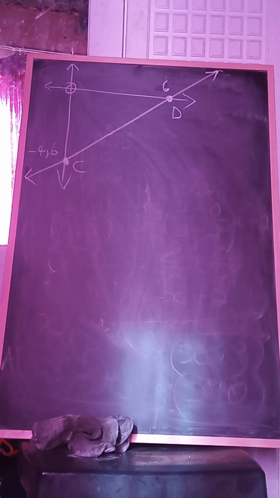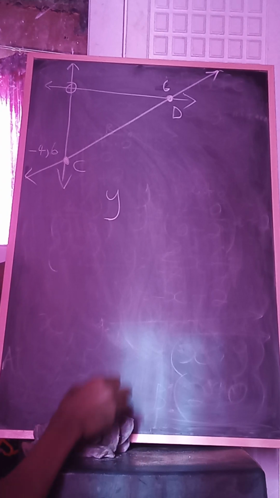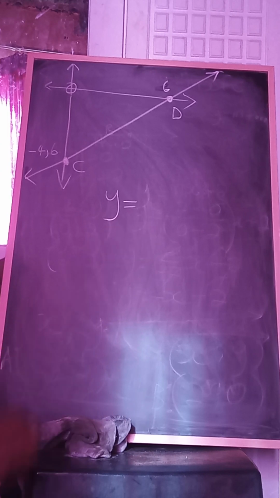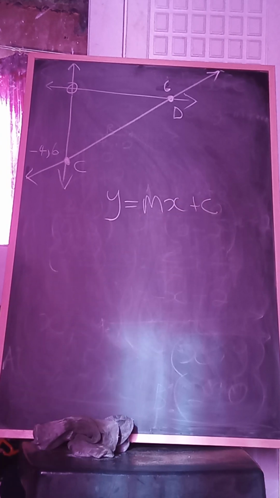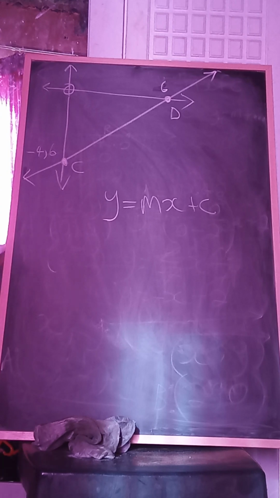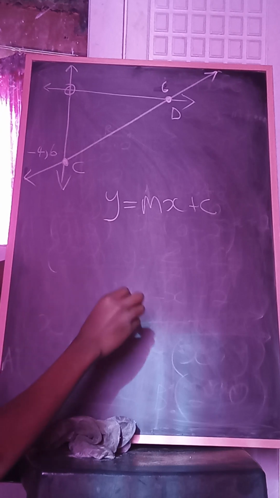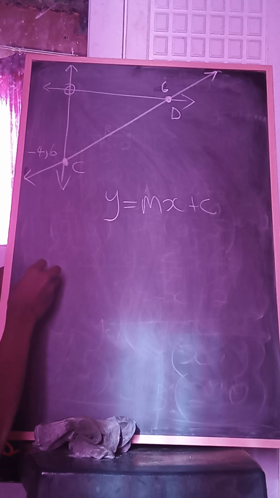To find the equation for line CD, you have to use the gradient or slope-intercept form, which is y equals mx plus c.